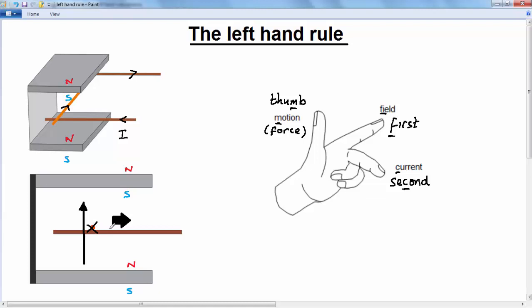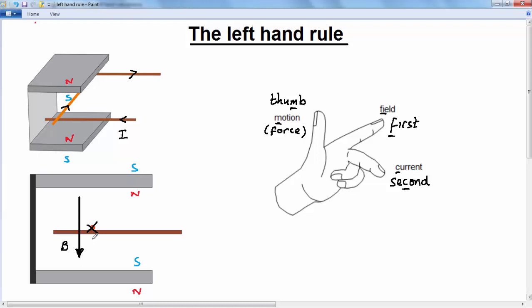Right then, let's change the situation a little bit. Let's swap the magnet poles around. So we've got north, north, south, south, and we'll keep the direction of the current the same. Now this is the direction of the magnetic field, going again from north to south. So you take your first finger and point that downwards.